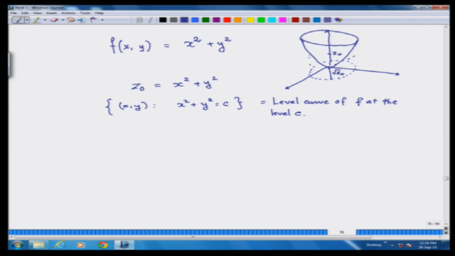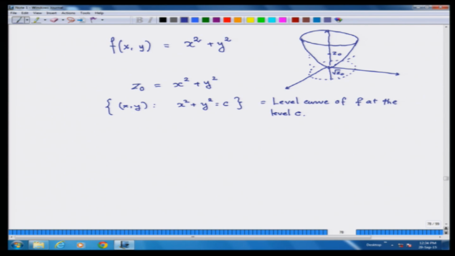Now, you might ask me what is the domain and range of a function of two variables, like we had spoken about domain and range of a function of one variable. The domain and range of a function of two variables of course has to be done according to the structure of the function.